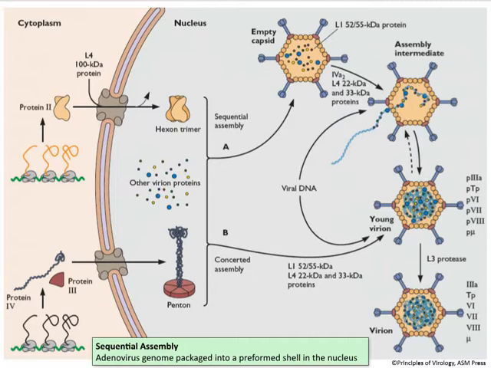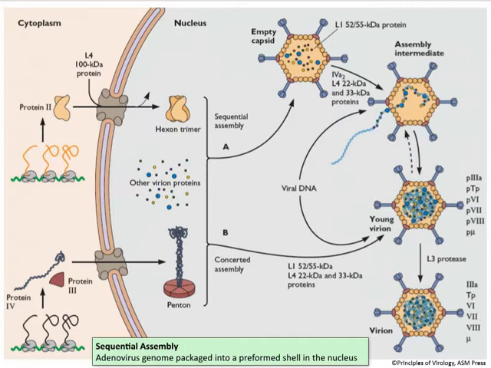And then you form empty capsids, and then the DNA is threaded into the empty capsid. So that's sequential assembly. You make the parts of the capsid, you make the capsid, and then you put the DNA into the capsid. Now, another idea for how adenoviruses assemble is called concerted assembly.